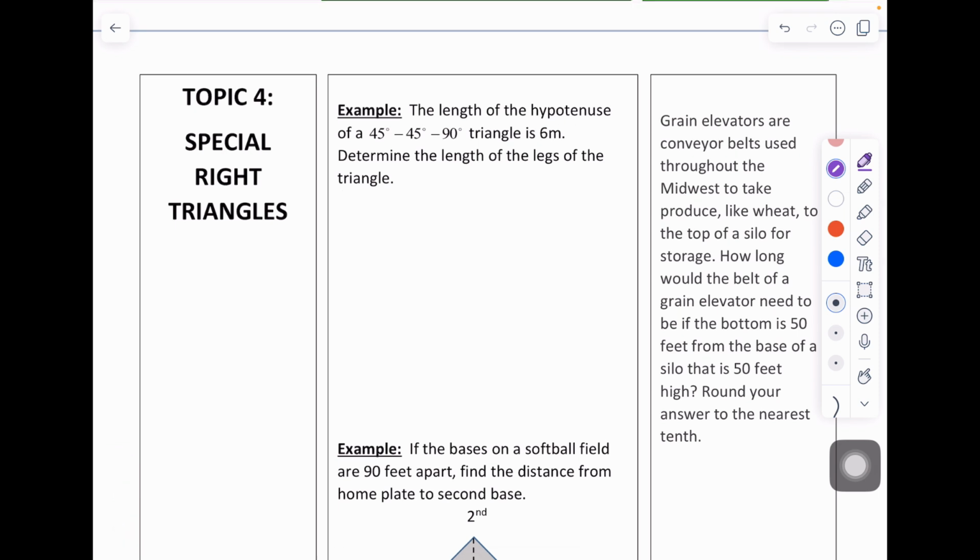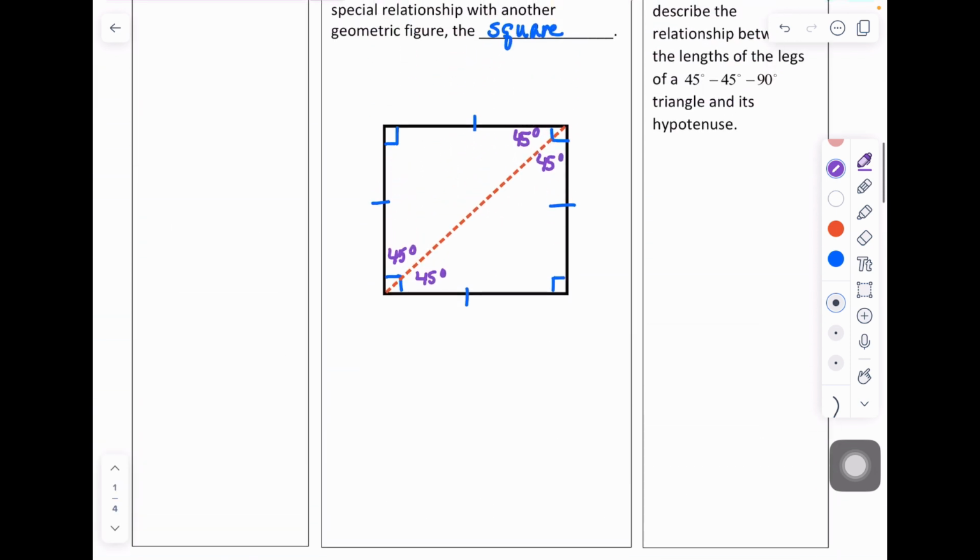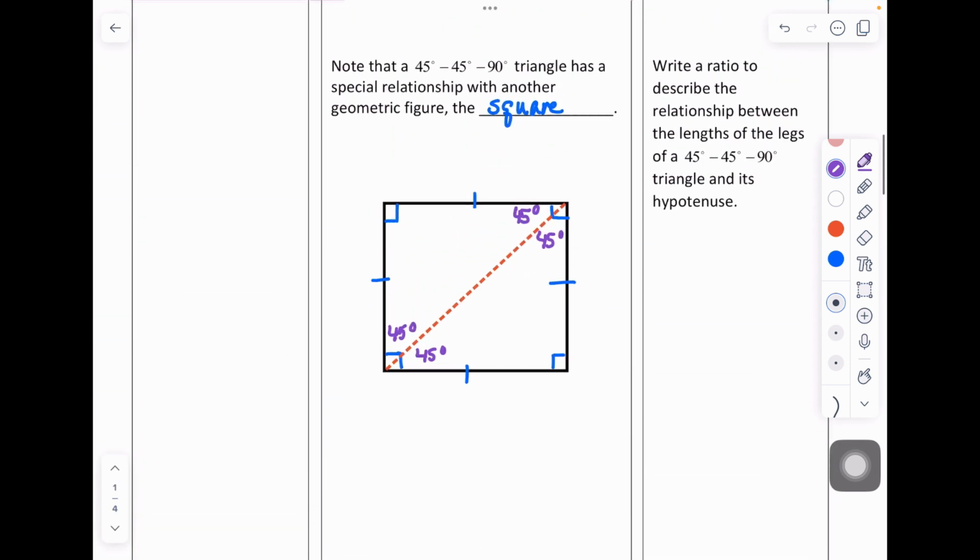Now, let's talk about also what we know as far as ratios with those side lengths. So I'm going to go back up here, and over here on the right-hand side.